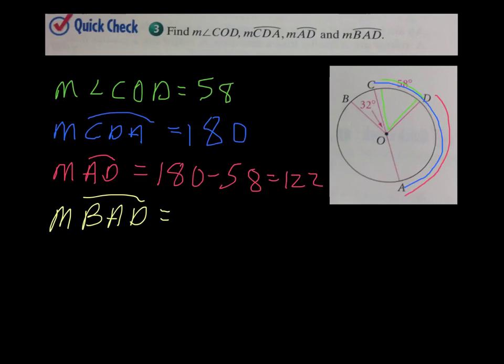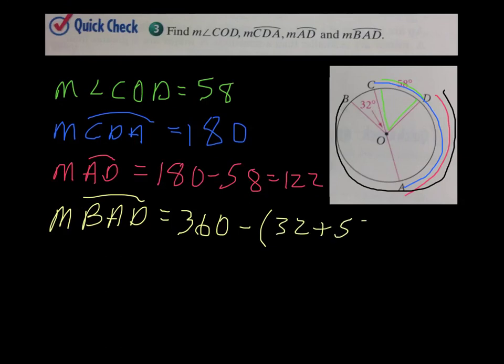Measure of arc BAD, which starts at B, goes through A, all the way around to D, is going to be 360 minus quantity of 32 plus 58. You're going to add those together, that's 90, so it's going to be 360 minus 90, which equals 270. Measure of arc BAD, the black one, is going to be 270.